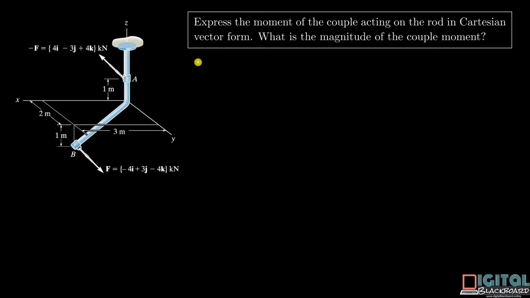So what we do is that we take moments about point B, which means that the contribution to the couple moment due to this force is 0 because the moment arm is 0.